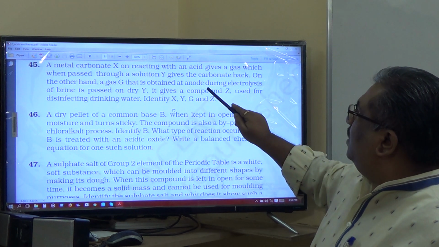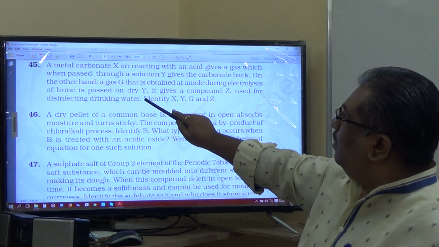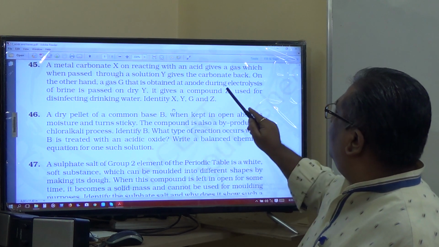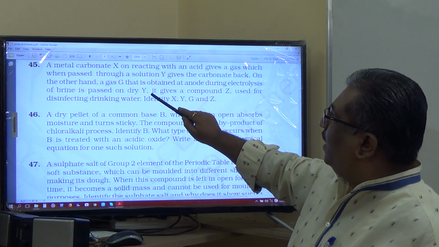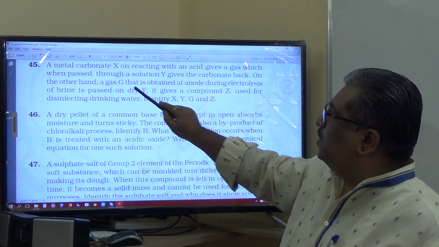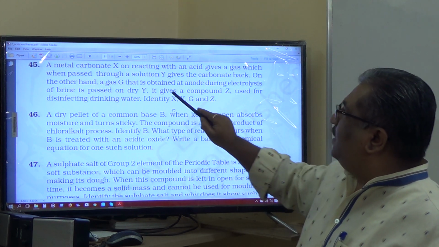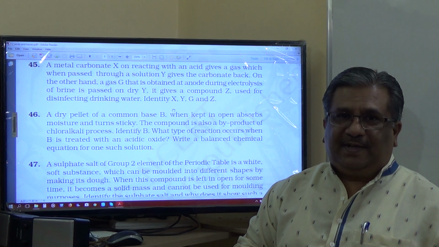So G is chlorine, obtained during electrolysis of brine, and it is passed on dry Y. Dry Y means Ca(OH)2 here. When Cl2 is passed over dry Y, it gives a compound Z, calcium oxychloride, CaOCl2. You understood?